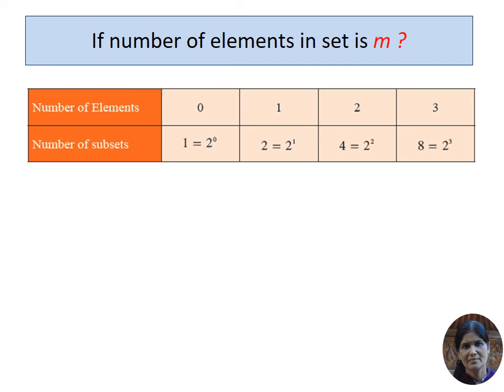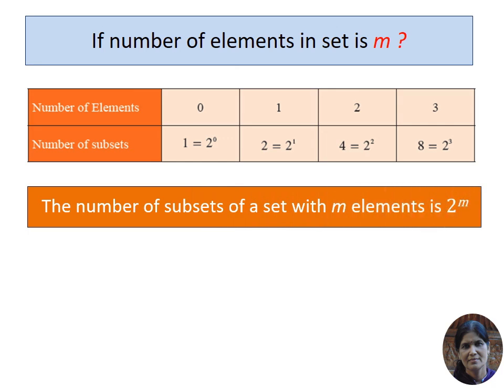Now observe the table. If the number of elements is 0, we have observed that the number of subsets is equal to 2 to the power 0, that is 1. If it is 1, then 2 to the power 1, it is 2. If the number of elements is 2, then it is 2 to the power 2, 4. If it is 3, then 2 to the power 3, that is 8.